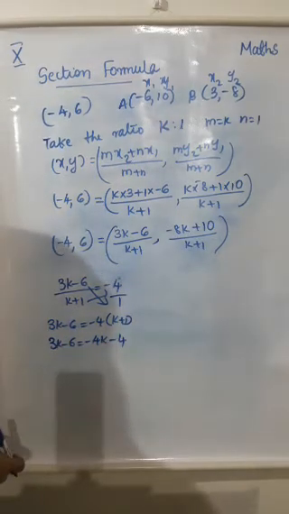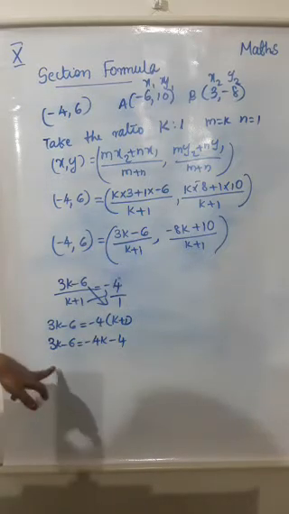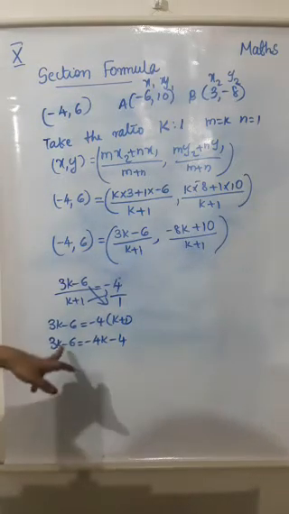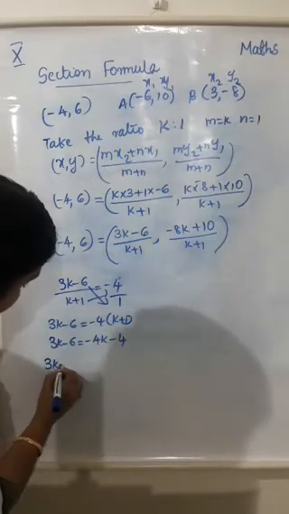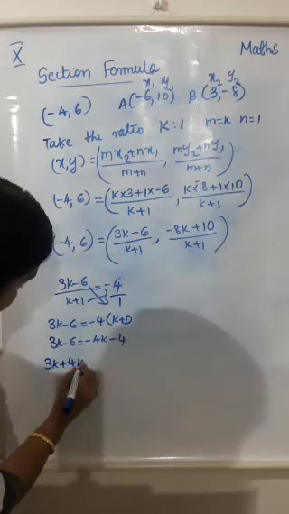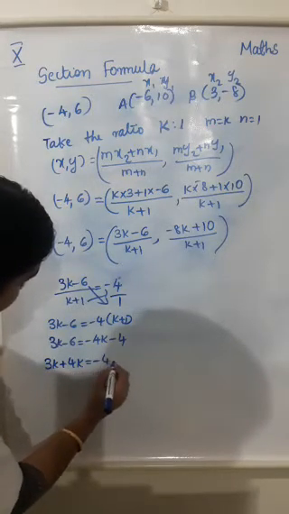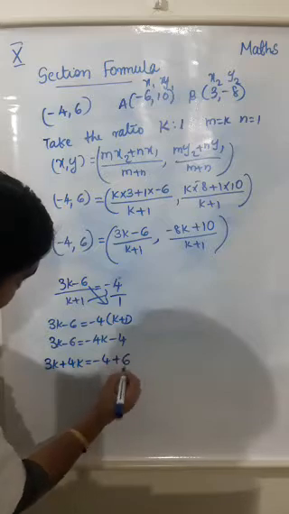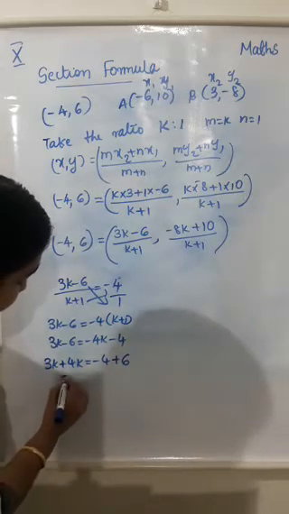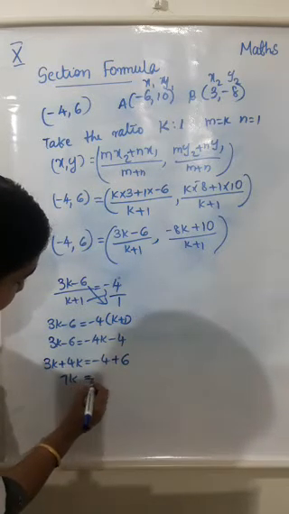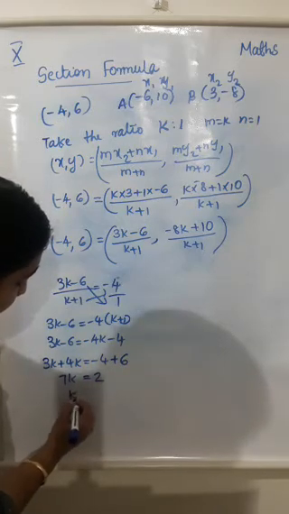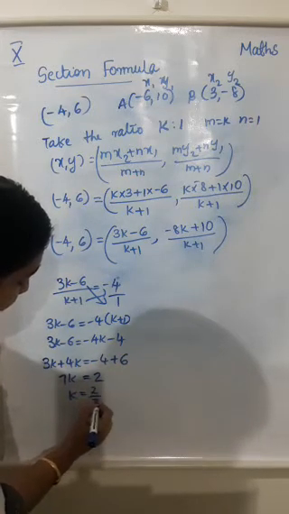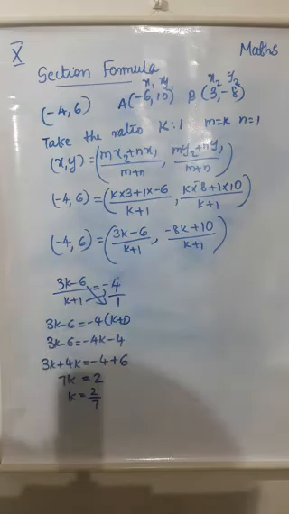Then transpose negative 4k to the LHS and negative 6 to the RHS. 3k plus 4k is equal to negative 4 plus 6. 7k is equal to 2. So k is equal to 2 by 7.